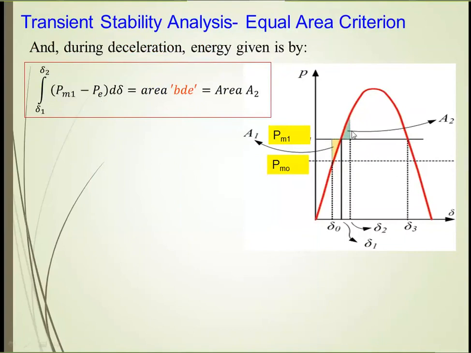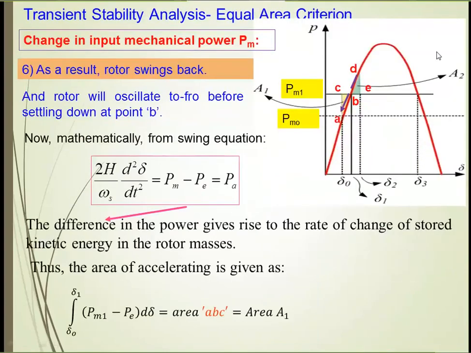We can argue that we could write PE minus PM, but we write in the same convention, PM minus PE, right? And then in fact, this will be the area B, D, and E here. So it will be this area now here.